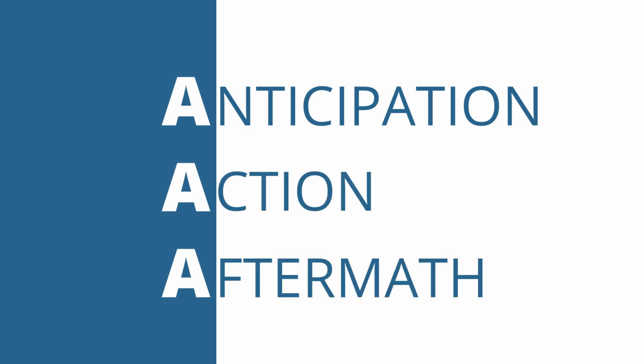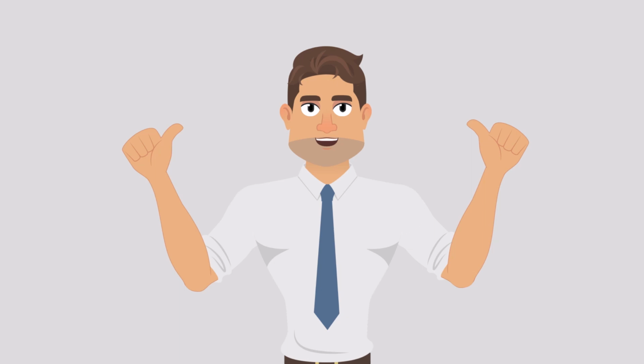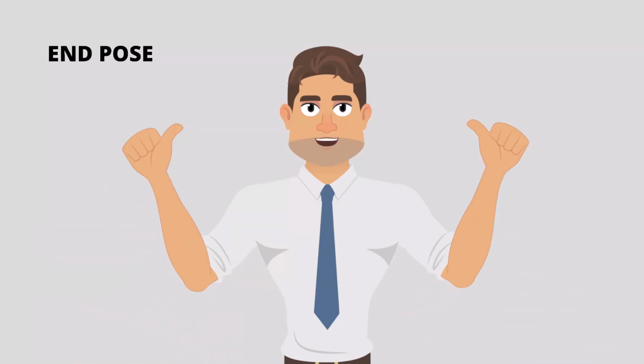You see, the reason why the bad animation looks bad is because it only has the action. And if you notice, the better version has anticipation, has action, and aftermath. Let's see it step by step. The bad animation has the initial pose, the action, and the end pose. And that's it. That's why it sucks.